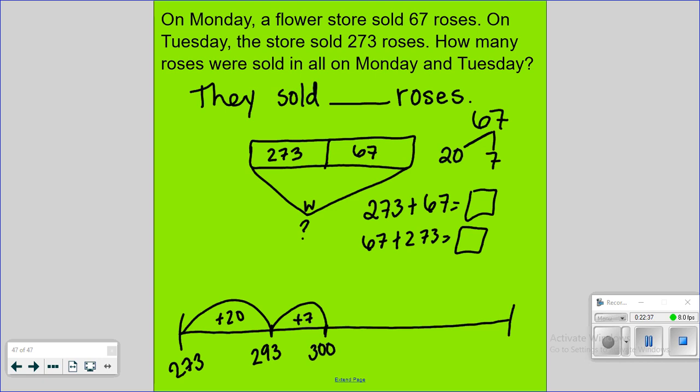Logan, what could I do? You can add 40, because 20 and 40 would give me 60. I broke that number up in 3 different parts. If I do a jump of 40, what number will I be at now? You will be at 340.